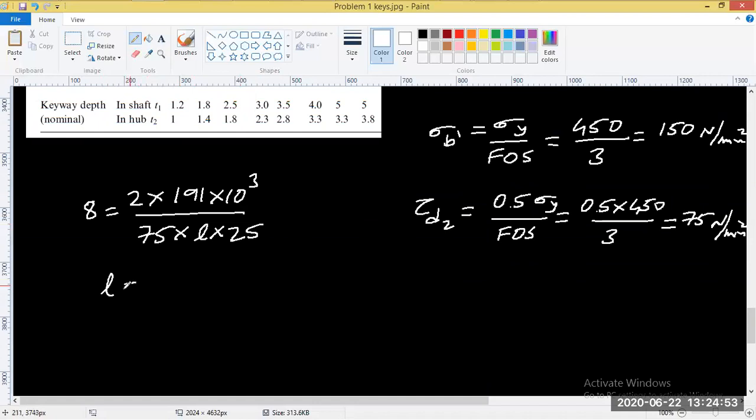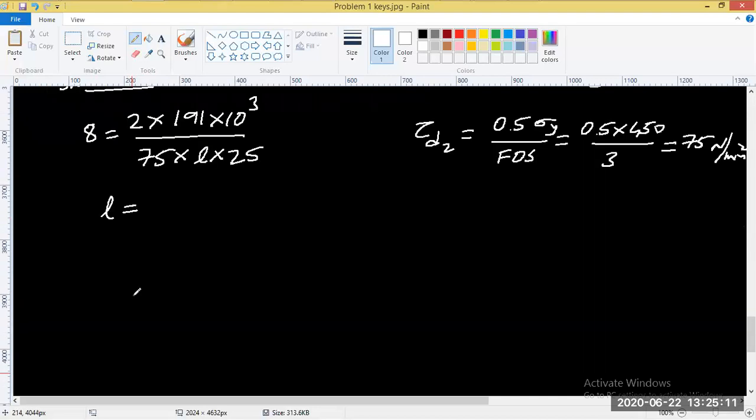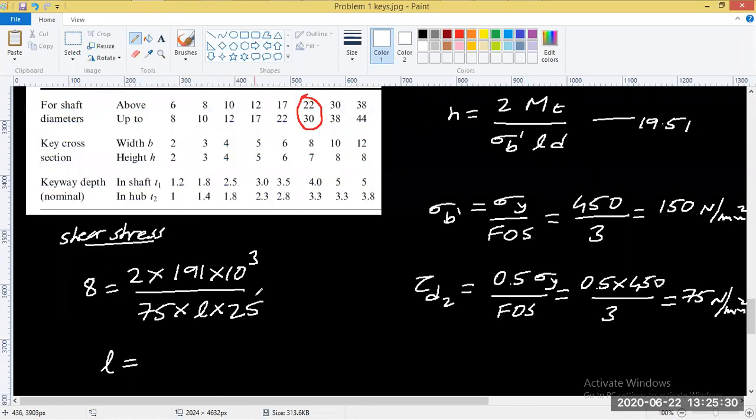So from this we get one value of length, and this is assuming the shear stress. Similarly, assuming the crushing stress, we get one more value. This is in crushing. This also comes to 8 equal to 2 into 191 into 10 power 3 by sigma b, that is the bearing stress.